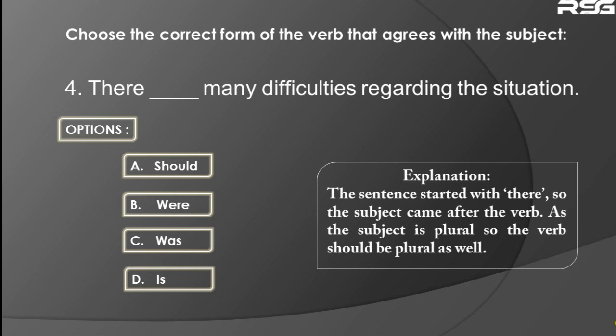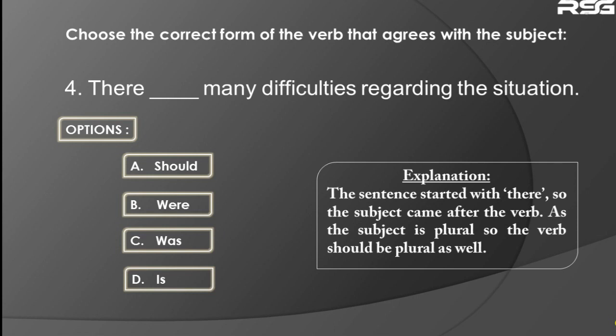And it is coming after the verb. Where is the verb? The empty space where you have to put the verb. That is the place for the verb, and the subject comes after the verb. So what is the subject? Many difficulties. And the subject is in what form? It is in plural form, isn't it? Difficulties, we are saying.